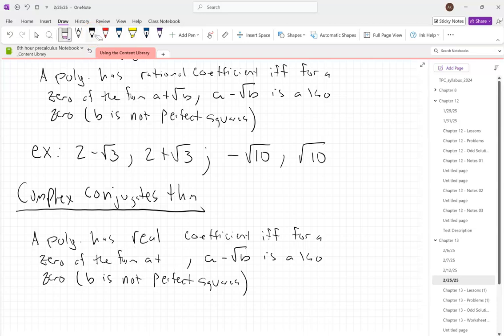And instead of a plus square root b, we have a plus bi and a minus bi. And the only restriction on b is that it's not 0, so that these are imaginary numbers and not just a real number.